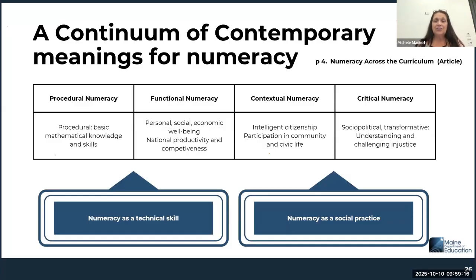And then regarding functional numeracy, we are thinking of personal finance, getting students to be grown up and think about understanding money. And so we see where these different components of this continuum play out in our real life. And we're finding that our instruction is falling more in that procedural and sometimes going into functional. So just food for thought and things to think about.